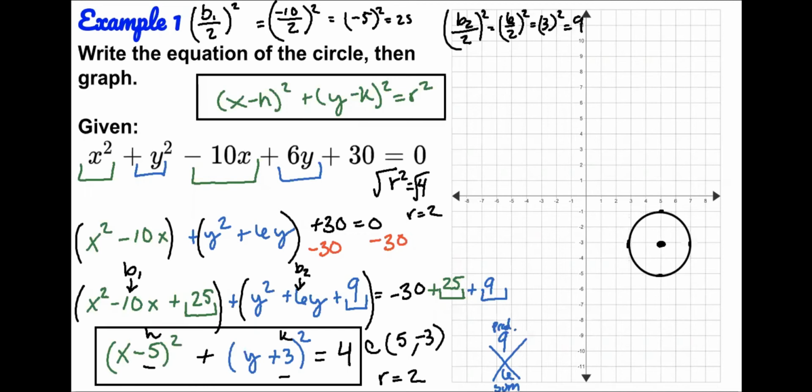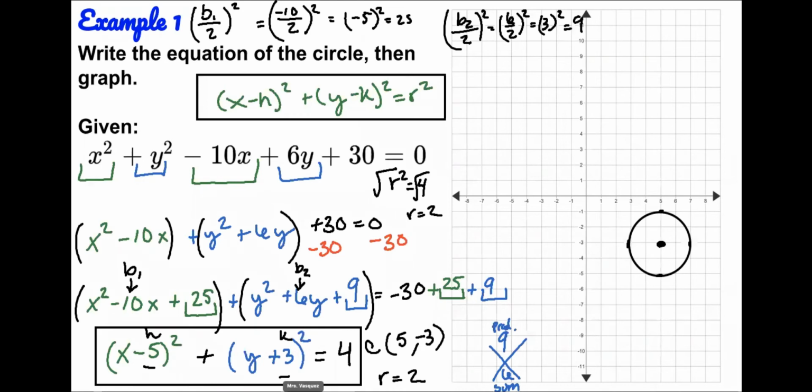So one thing to do is just to complete the square, regroup everything, complete the square, and identify our center and our radius from the standard form of the equation of our circle, right? Our equation that's given here.